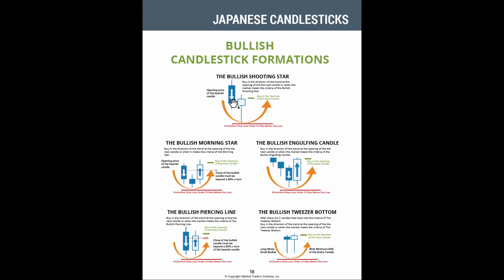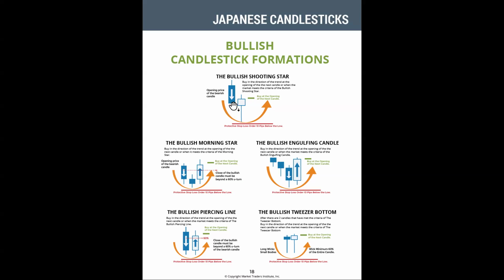What MTI has done here is show you how you can trade each of these candlestick patterns solo. This is not complicated analysis. You just see the candlestick pattern and want to know whether it works or not.